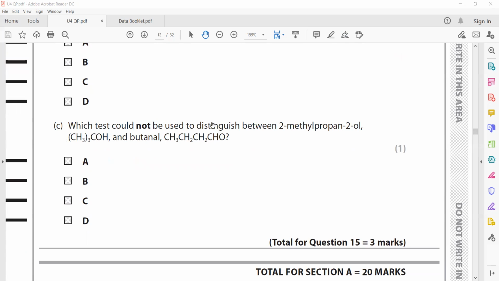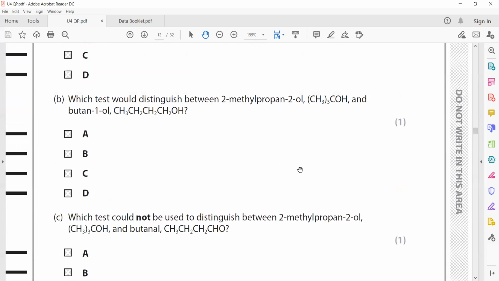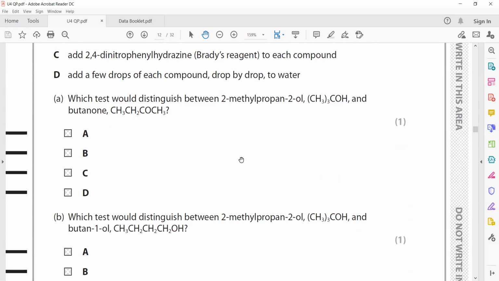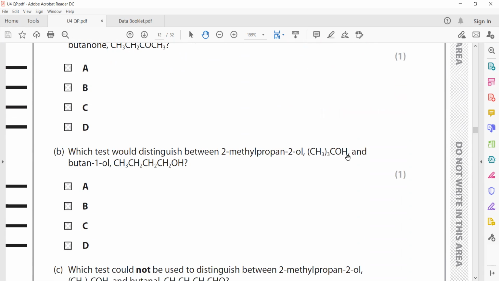And the last one: which test could not be used to distinguish between 2-methylpropan-2-ol and butanol? So which of the tests could not be used to distinguish butanol? When you add a few drops of compound to water, what will happen?